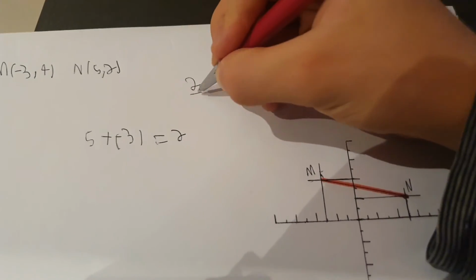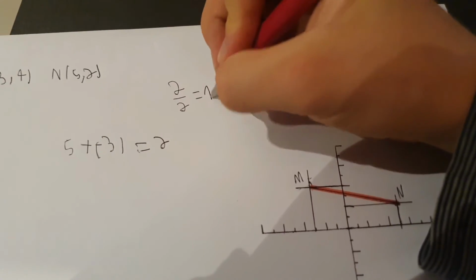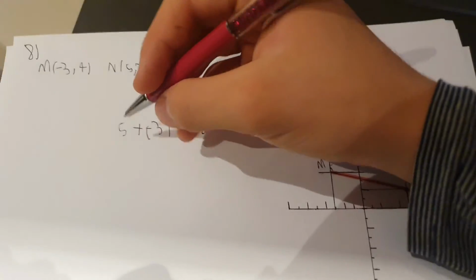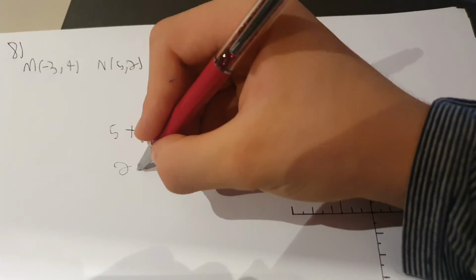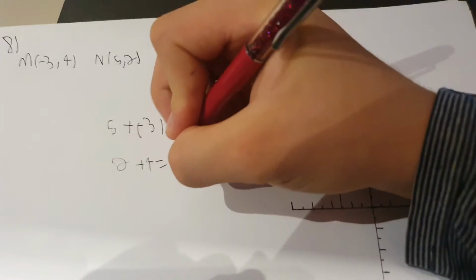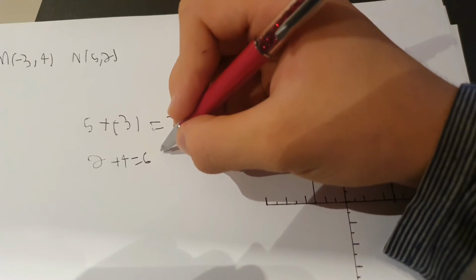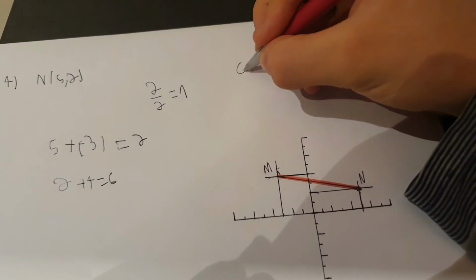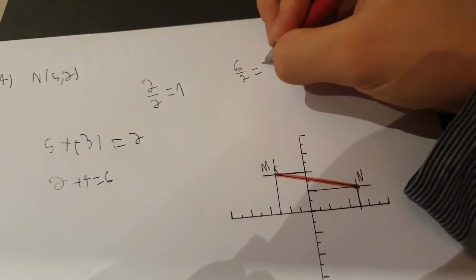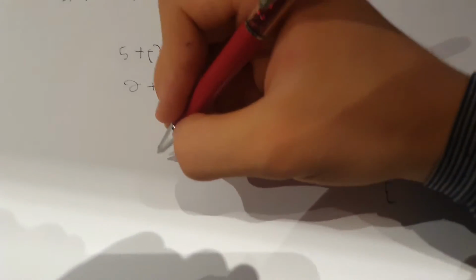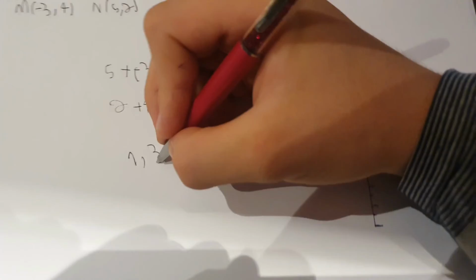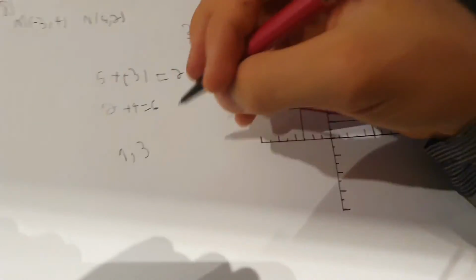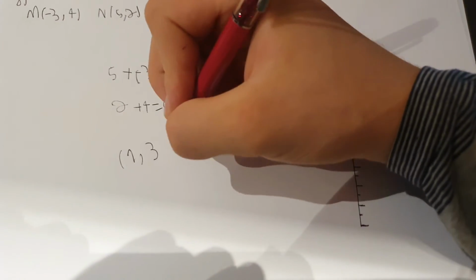So 2/2 is going to be 1. So this is the x-coordinate. Then we do the same for the other one. 2 plus 4 equals 6, and then 6 divided by 2 is 3. So the coordinates of where it's going to bisect are 1, 3.